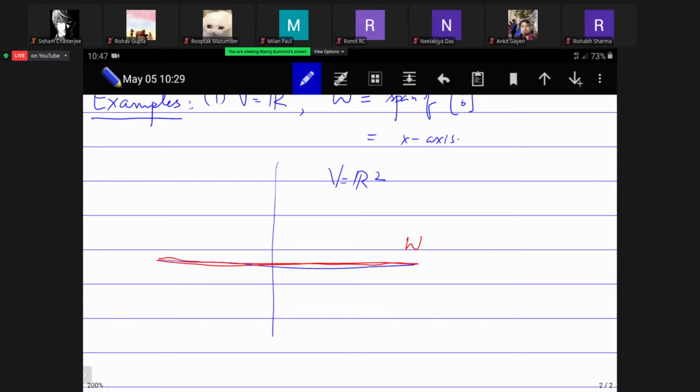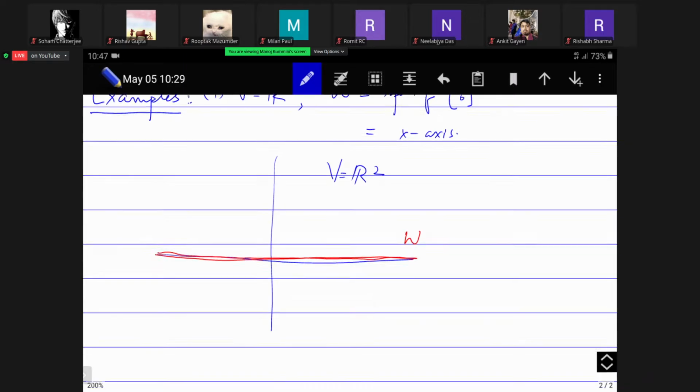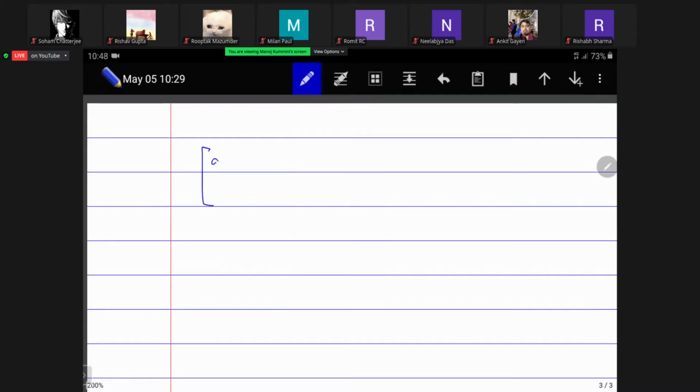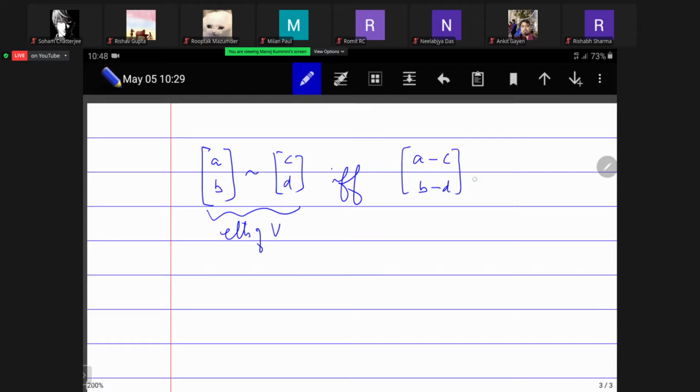The point was that we would relate two vectors inside V if their difference lies in W. Then (a, b) is related to (c, d), these being elements of V, by definition if and only if the difference, a minus c and b minus d, is inside W. But what does it mean to say that it is inside W?